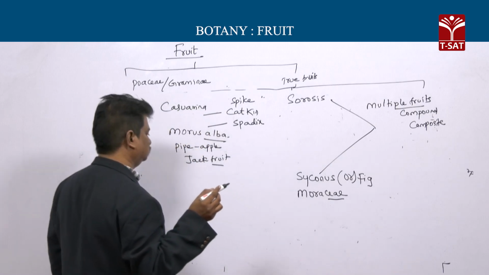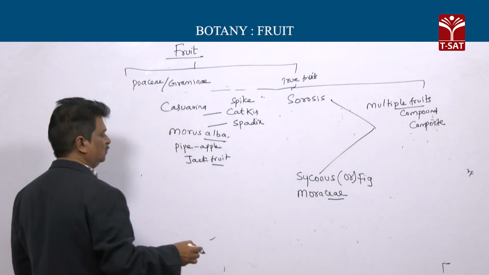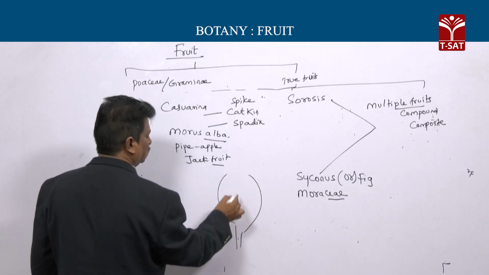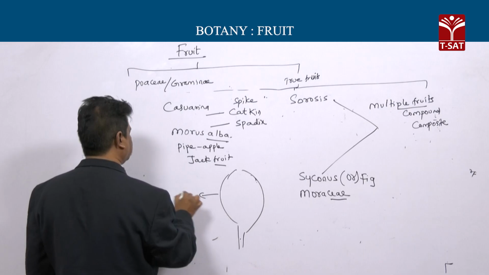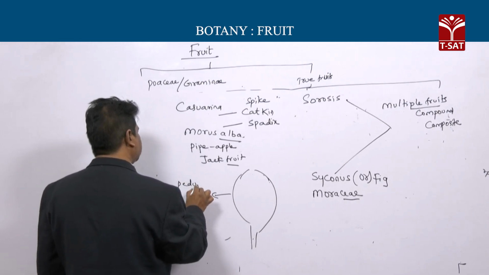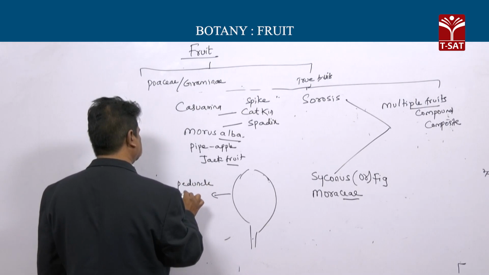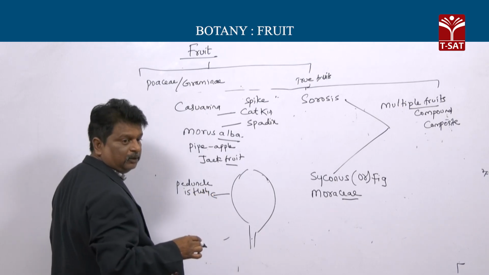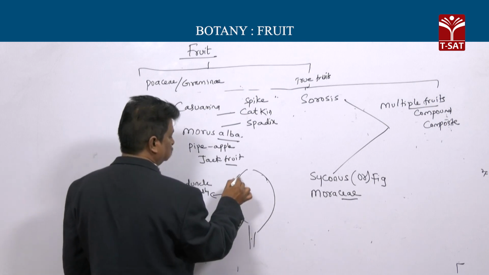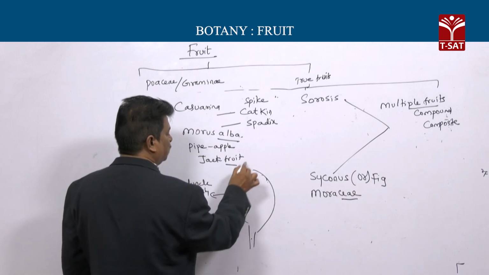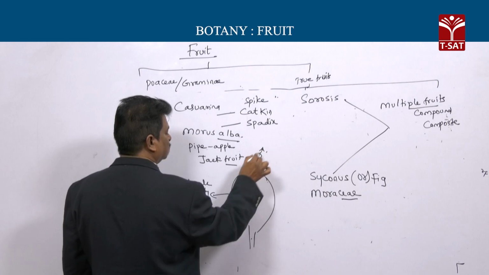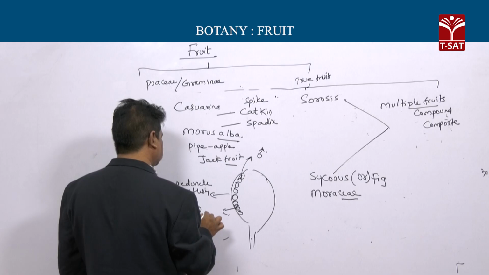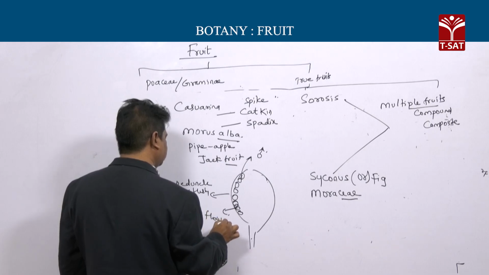Syconus is a characteristic fruit of the Moraceae family. In syconus, the peduncle is fleshy and edible. Actually, the upper part of the peduncle contains male flowers. The lower part of the peduncle contains female flowers.